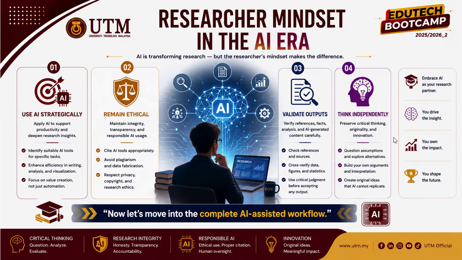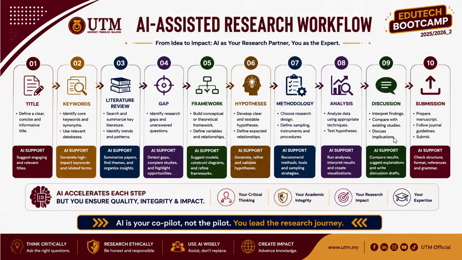So all these things, from the title, keywords, literature review, gap, designing the framework, hypothesis, methodology, analysis, discussion, submission, in all stages AI can actually help you, because this is time taking when you write the papers. Like I always get support from the AI tool to suggest me the research title finally at the end of completing all the steps.